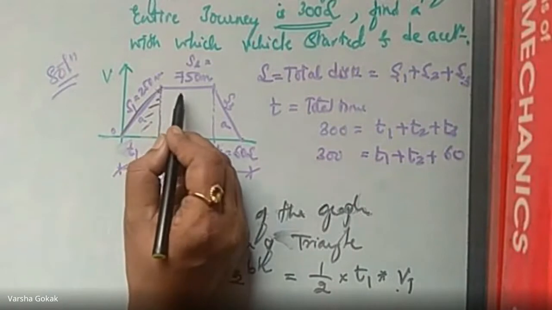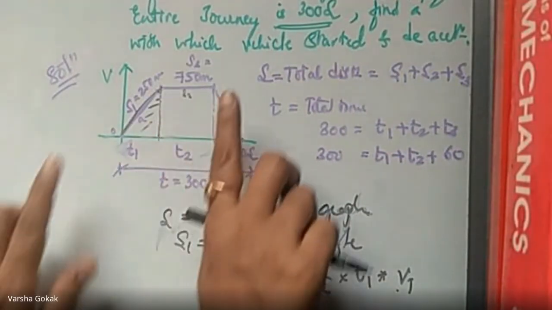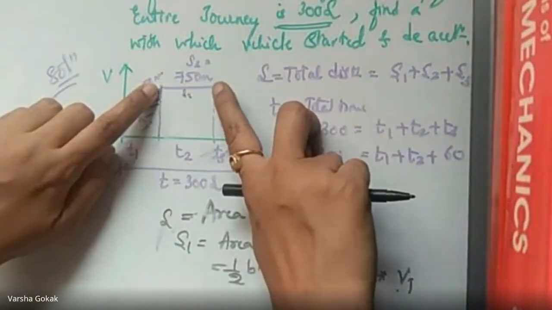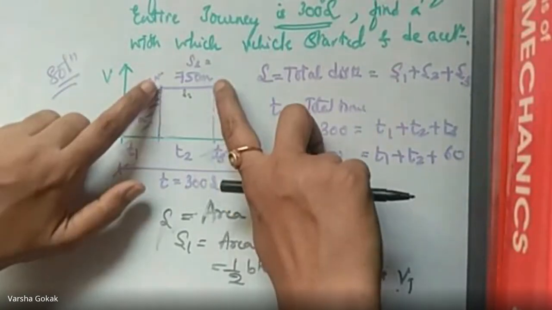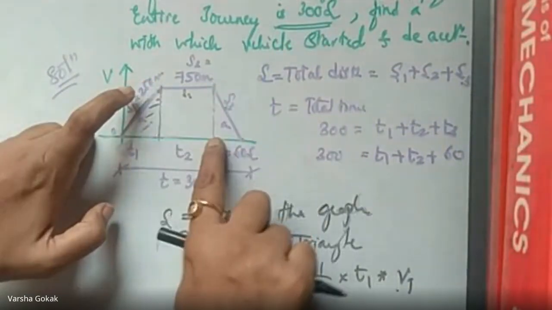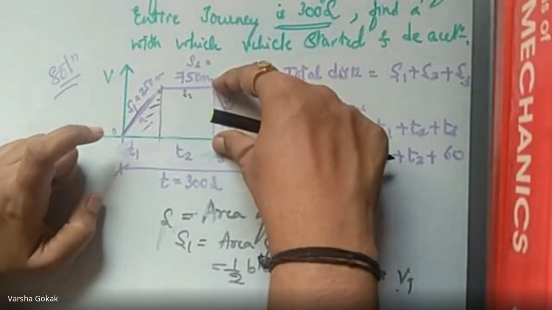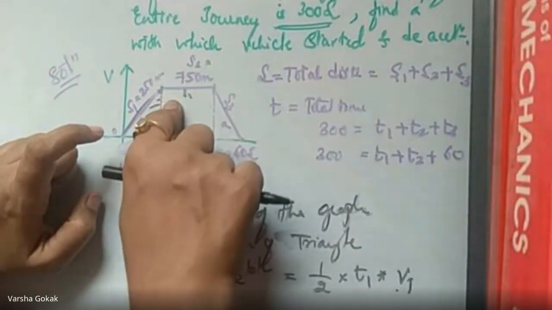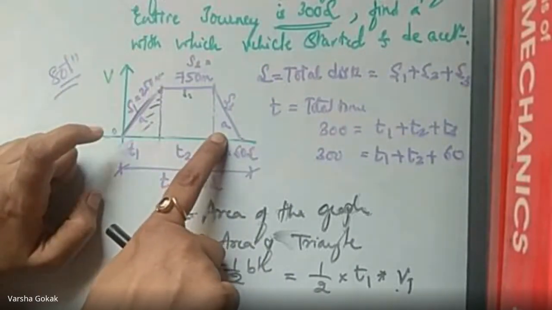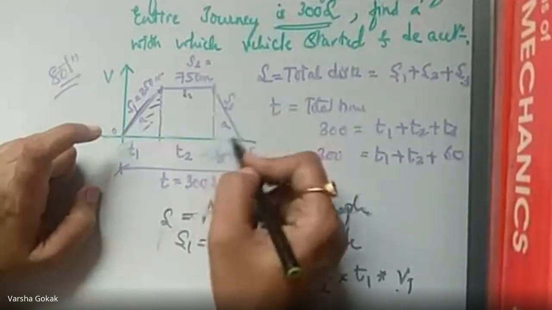Similarly, for S2, S2 is from here to here. The area is going to be a rectangle, base into height, that is T2 into V1. Third, for S3, the distance traveled S3 will be equal to the area, again S3 is forming a triangle.